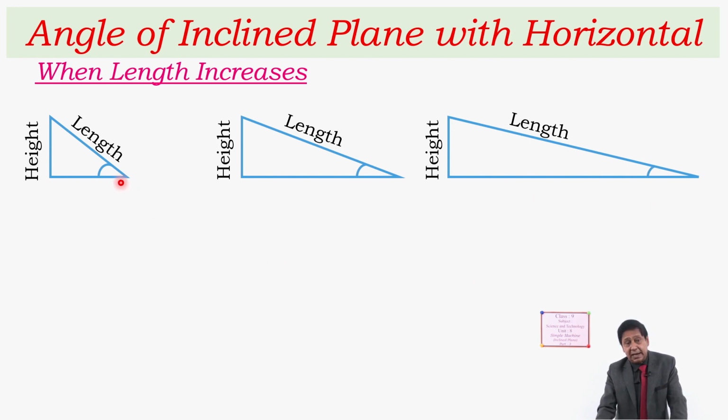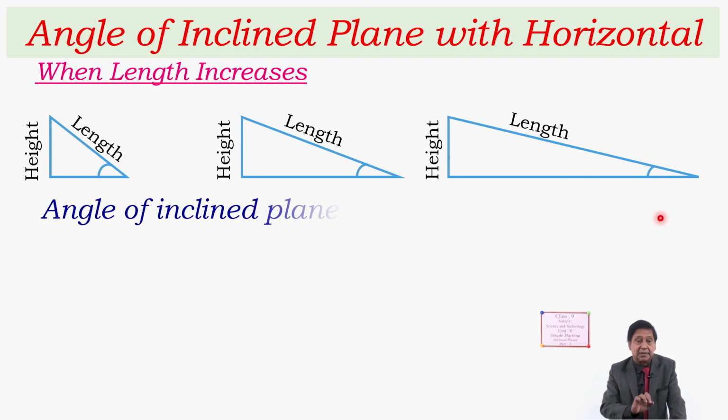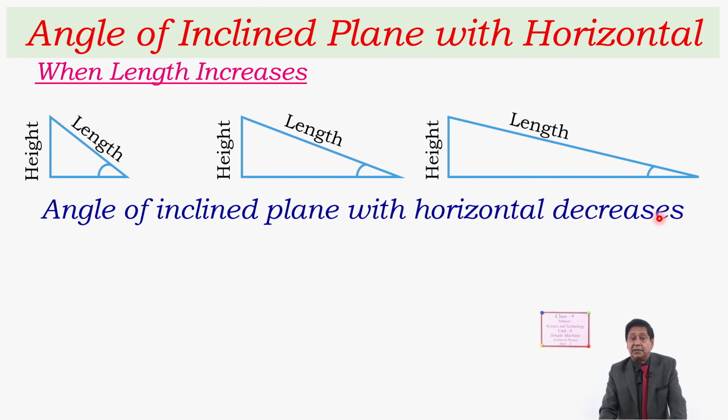It means if the length of the inclined plane is increased, keeping the height constant, then the angle of the inclined plane with the horizontal keeps on decreasing. Okay, we can conclude this: the angle of the inclined plane with the horizontal decreases when the length of the inclined plane increases.